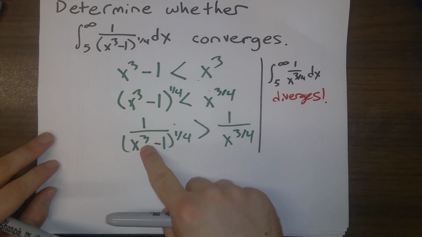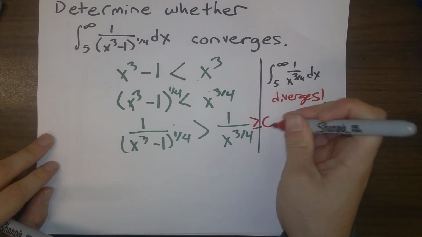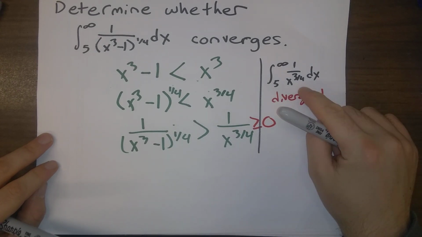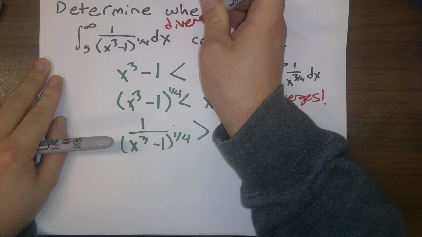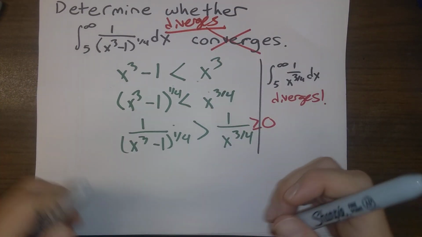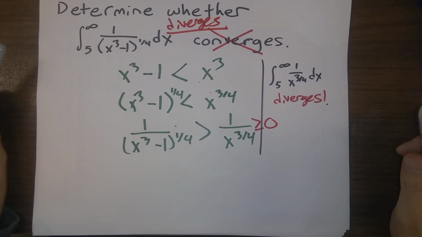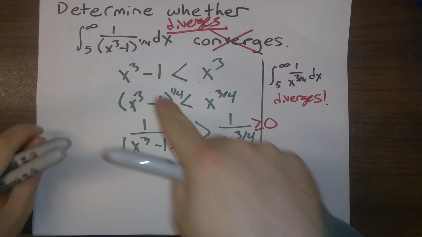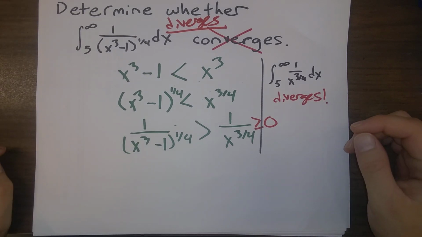Because our integrand is always bigger than the integrand here, and it's never negative, we can determine that this doesn't converge, this diverges. So once again, we are using this test to help simplify things. We would have a very difficult time finding the antiderivative, but if all we care about is determining convergence or divergence, we can do that very easily.